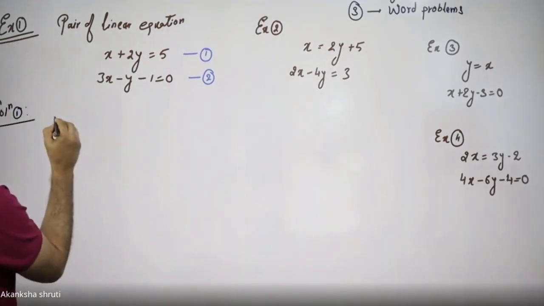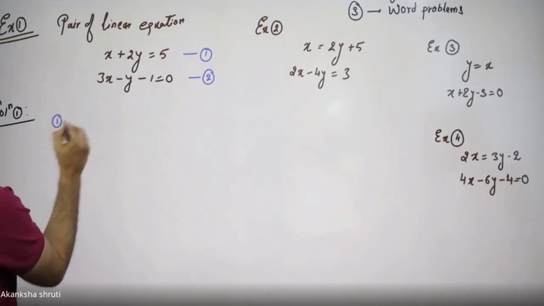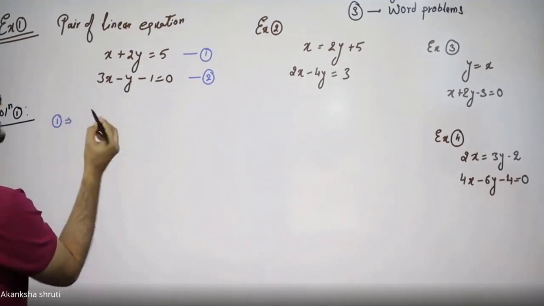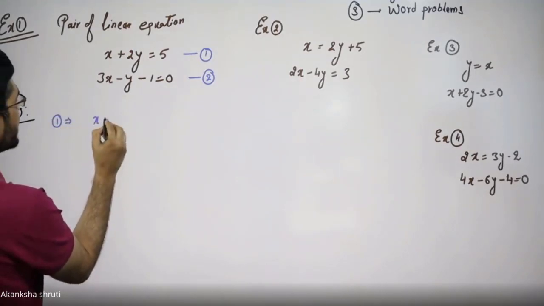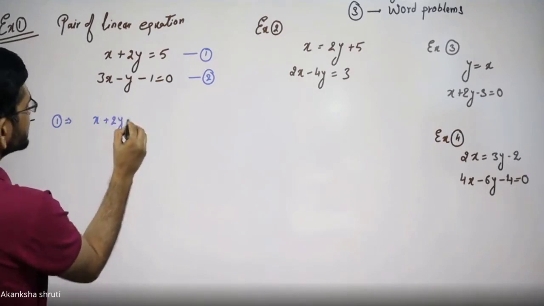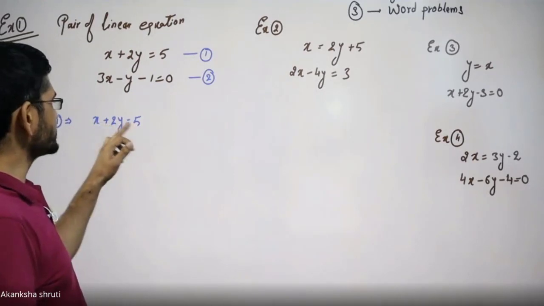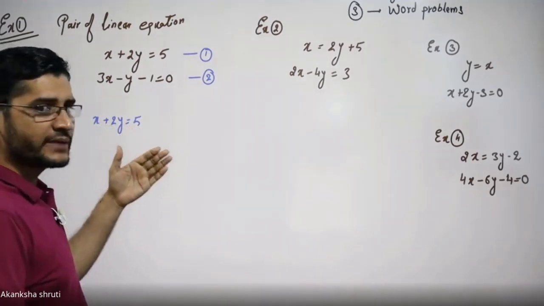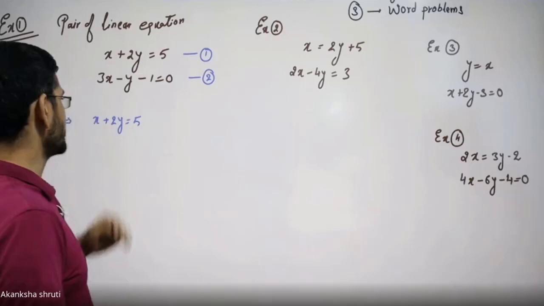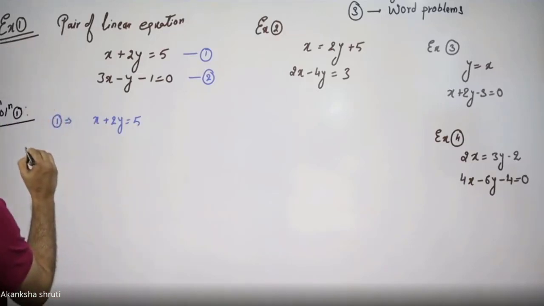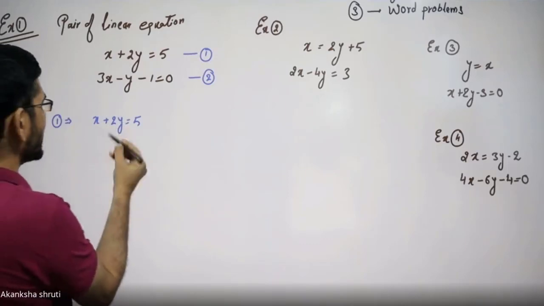So let us consider equation 1. Our equation 1 says x plus 2y equals 5. For drawing the graph of x plus 2y equals 5, we have to try some solutions. That means take the value of x and calculate y, or take the value of y and calculate x.